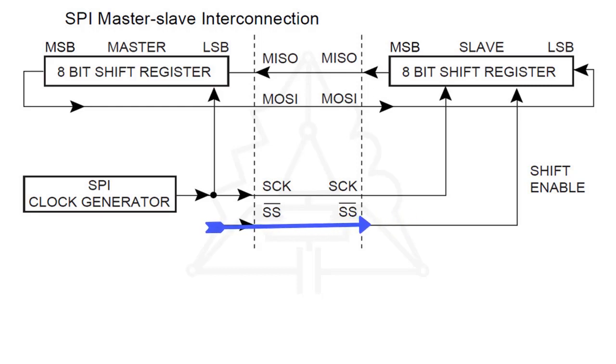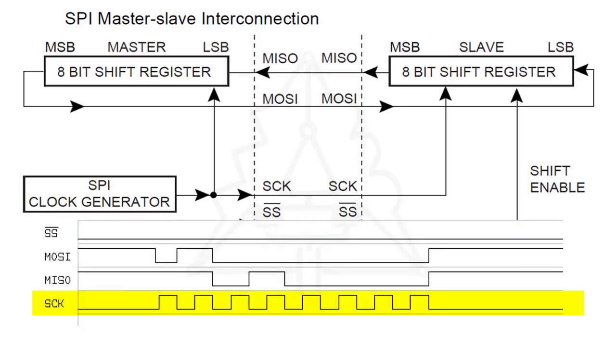After each data packet, the master will synchronize the slave by pulling high the slave select, SS, line. After shifting 1 byte, the SPI clock generator stops.